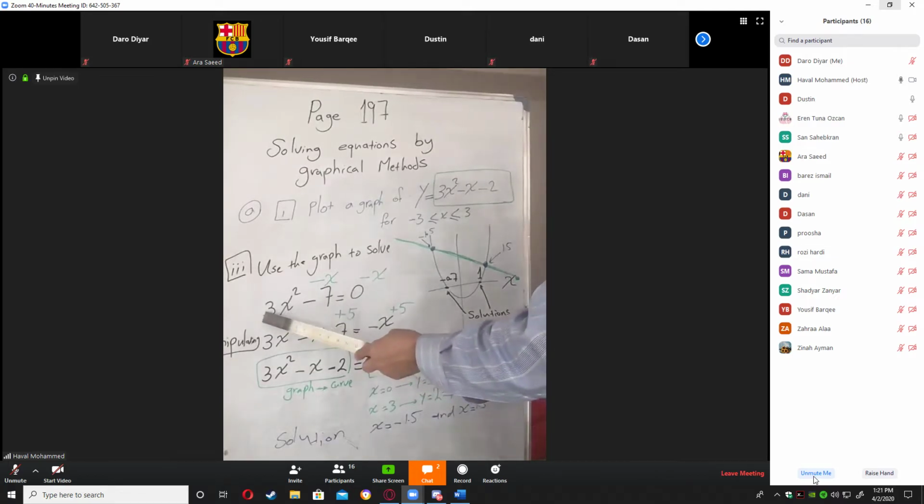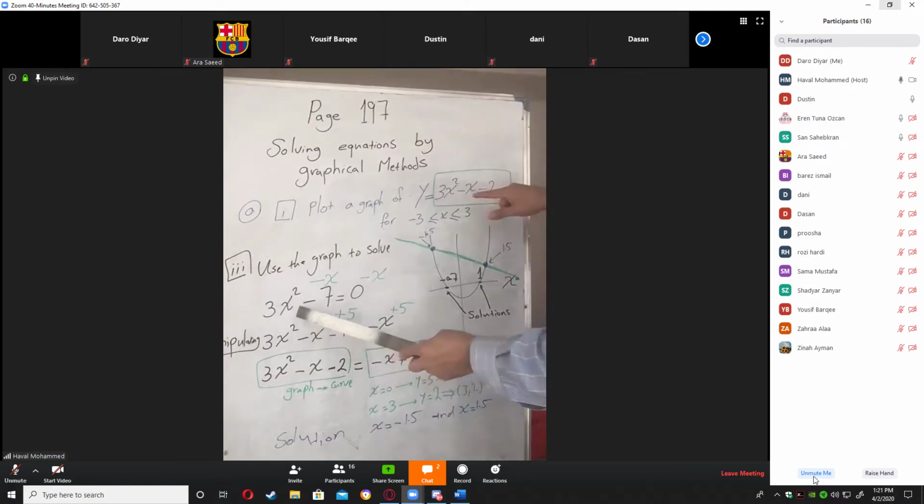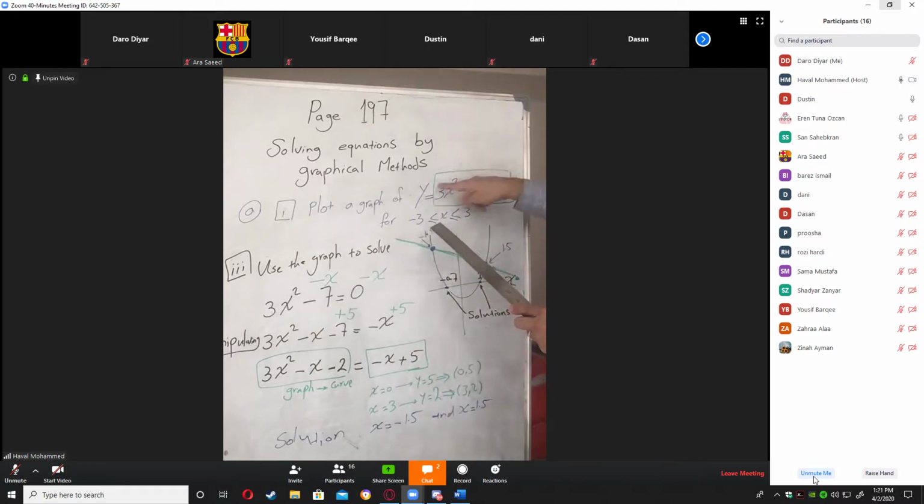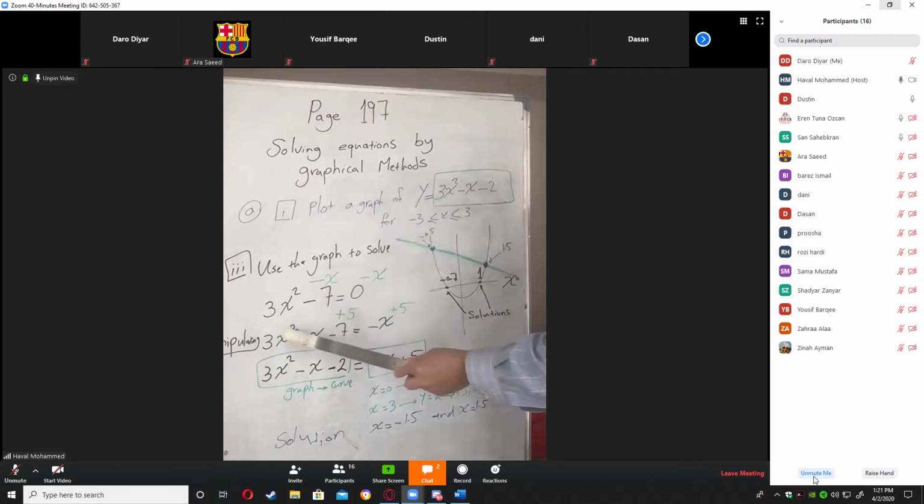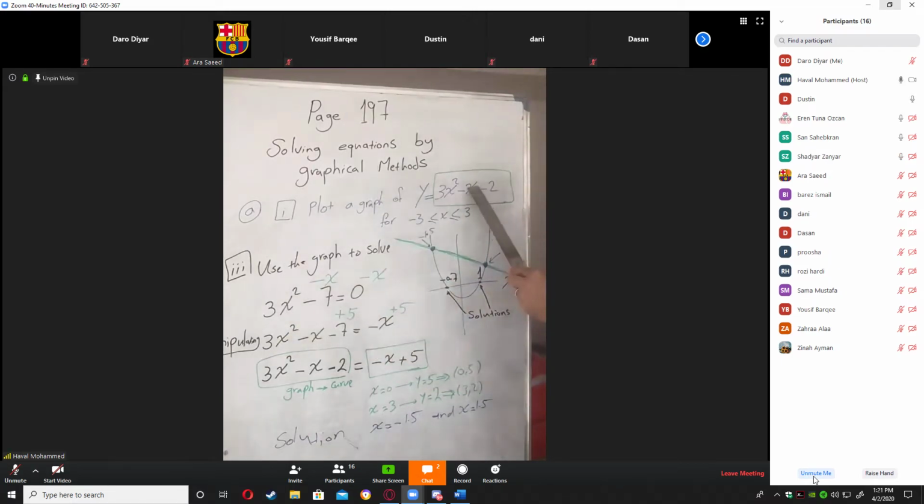And then what you do, you compare this to our main equation, which is that. When you compare it, we have 3x squared, 3x squared. And I have negative x in here. I don't have negative x on here, then I need to put negative x on here. But remember, this is an equation. Whatever you do to one side, you have to do to the other side. Then what we're going to get is 3x squared minus x minus 7 equals 0.